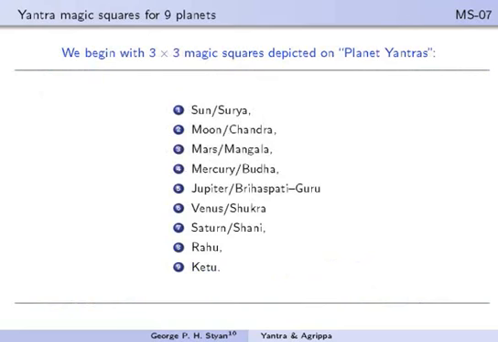We begin with 3 by 3 magic squares depicted on planet Yantras.